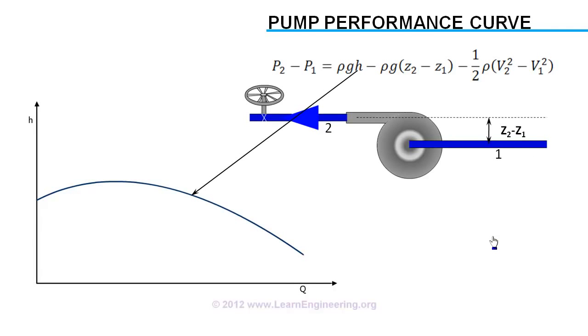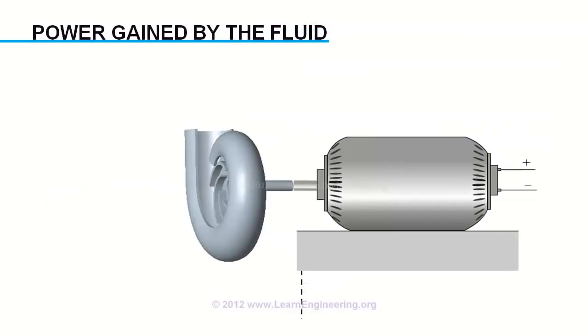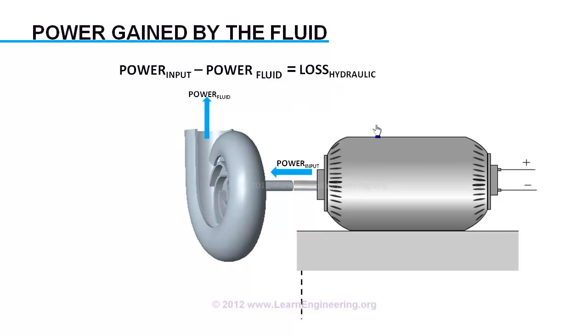Now, we will see how much power the fluid is gaining from the pump power input, or shaft power. Power gained by the fluid will be lower than the power supplied. One main factor is hydraulic loss, as we discussed. Other factors are volumetric loss and mechanical loss.